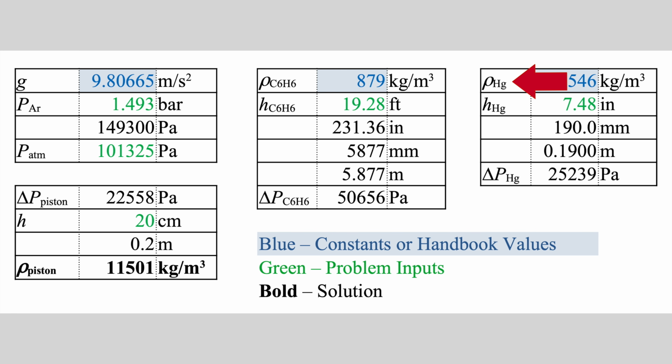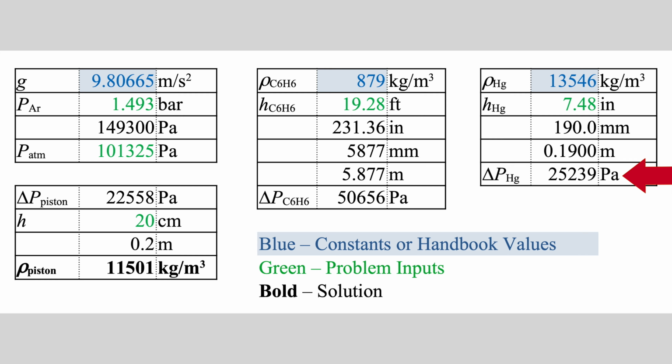A similar process for the mercury gives the height in inches, then millimeters, which, incidentally, is millimeters of mercury, or torr. And finally, meters, which by rho g H gives us the pressure of the mercury as 25,239 Pascal.